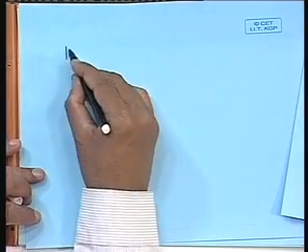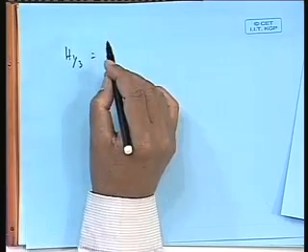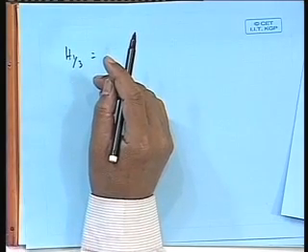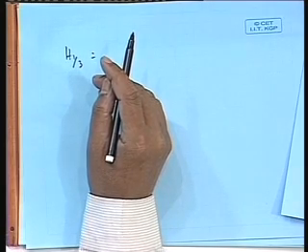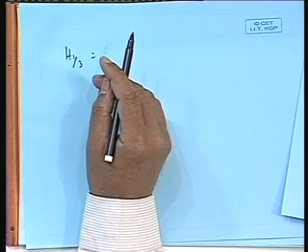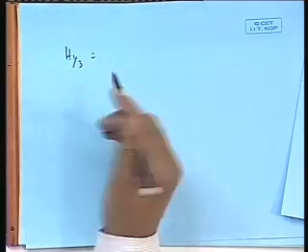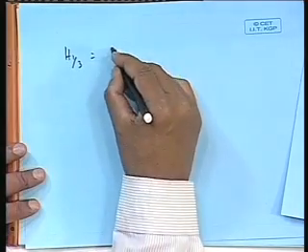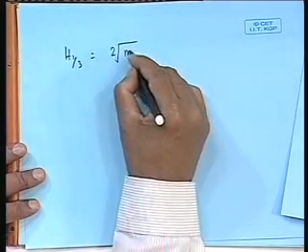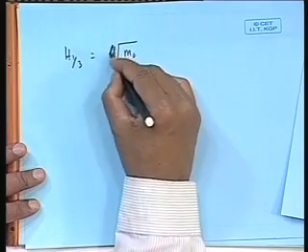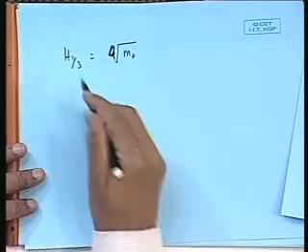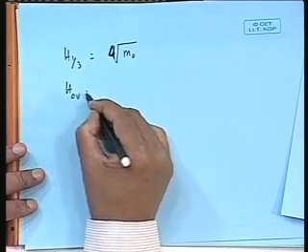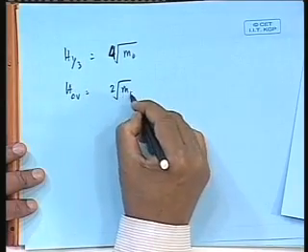H 1/3, the significant wave height, will become 4 root M0. H average becomes 2 root M0.